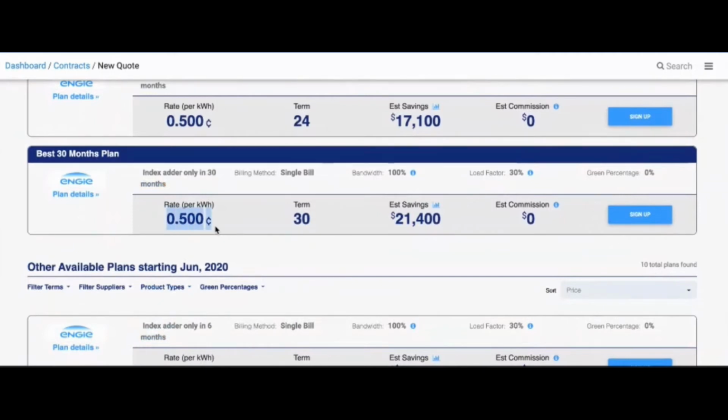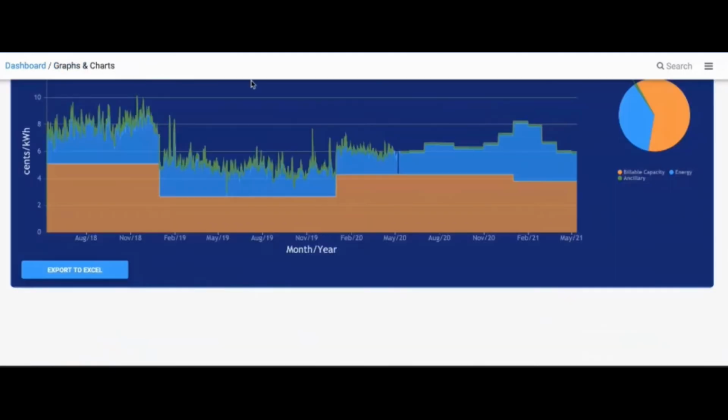So half a cent is the base, the supplier adder. On top of that comes the broker adder. And then you go back to the market chart and sum these three components with what you got from that quote page. And that is your projection of the index cost over the many years that are coming up.